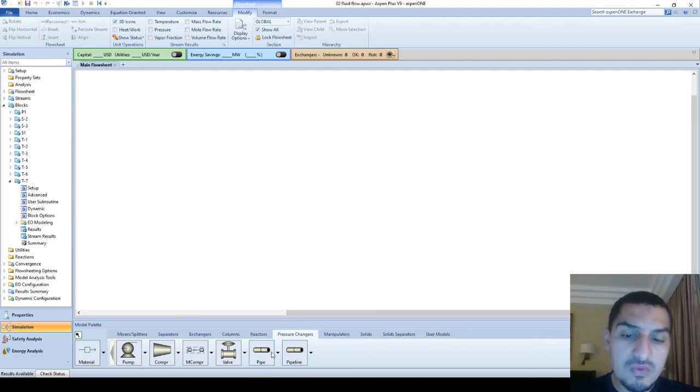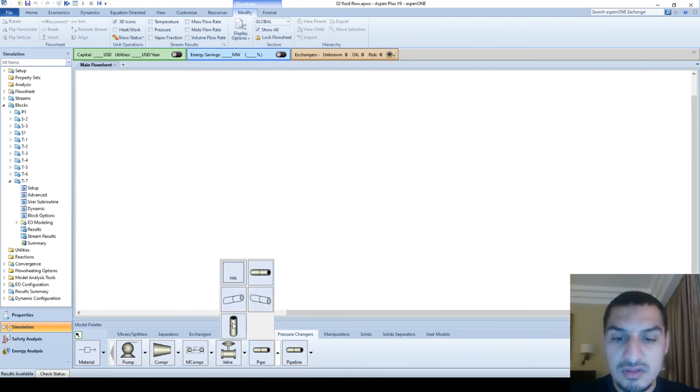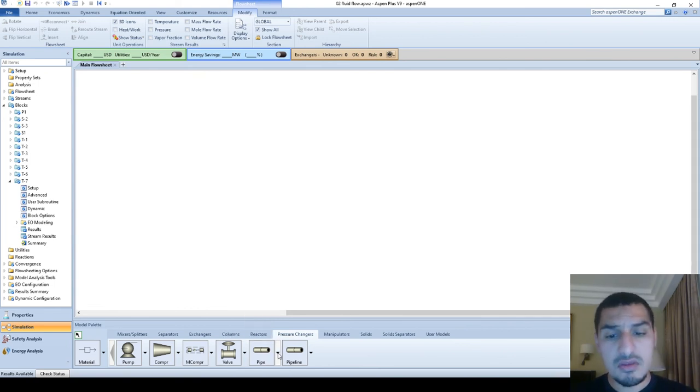The last two modules are the pipe and the pipeline, and this pipe is a single segment pipe with constant diameter and drains and rise, and might include fittings. And what this means, and you find there are some shapes that are all the same, is that the main difference between the pipe and the pipelines is that the pipe is one segment.